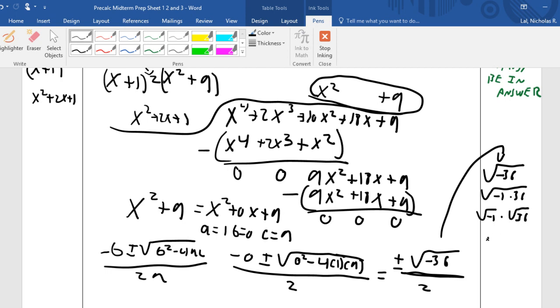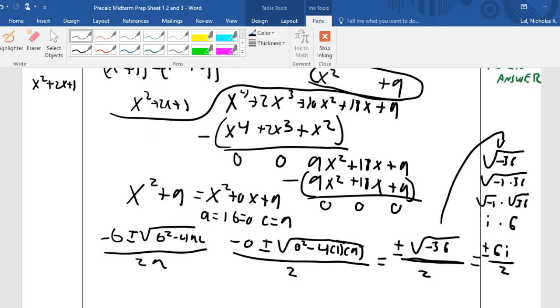The square root of negative 1 is i, and the square root of 36 is 6. This is equal to 6i over 2, plus or minus, of course. Plus or minus 6 over 2 is 3i.